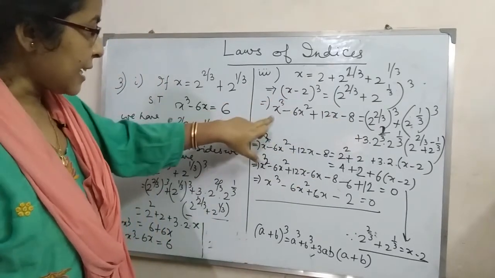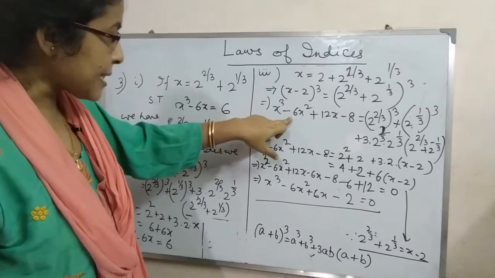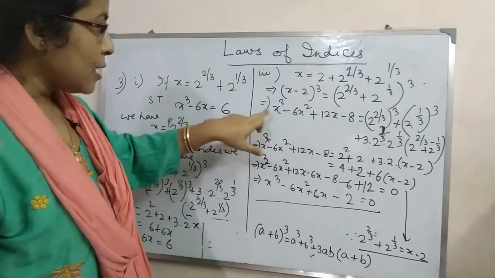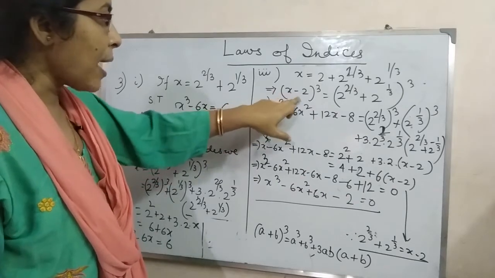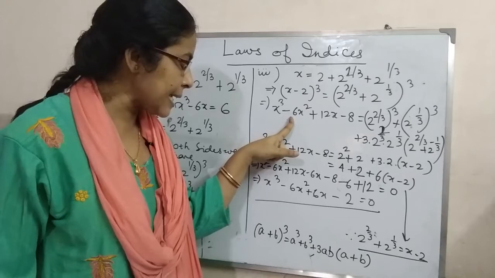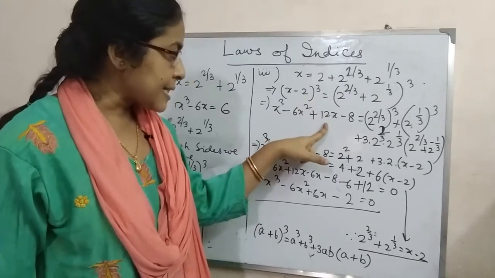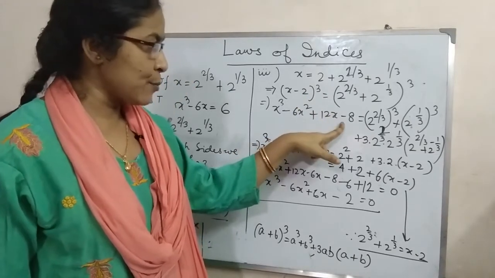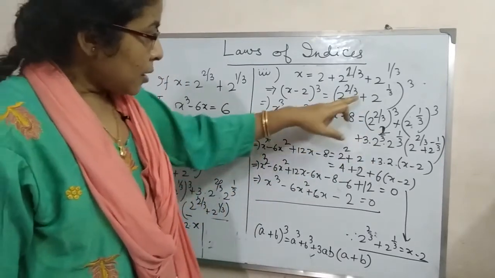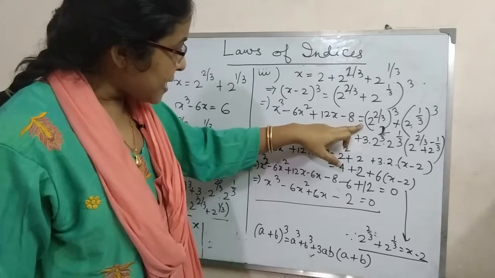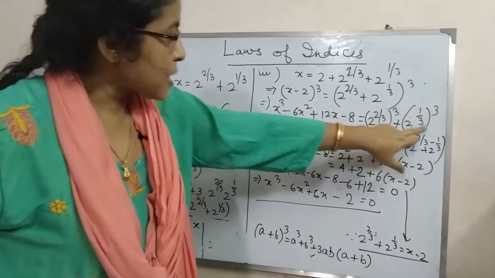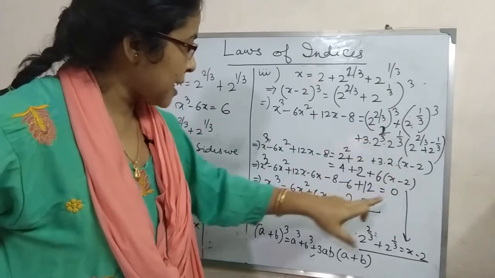For this I can write a cube minus 3ab square plus 3ab, sorry, this is (a minus b) whole cube, that is a cube minus 3a square b plus 3ab square minus b cube. And also I can write it this way: a cube plus b cube plus 3ab into (a plus b).